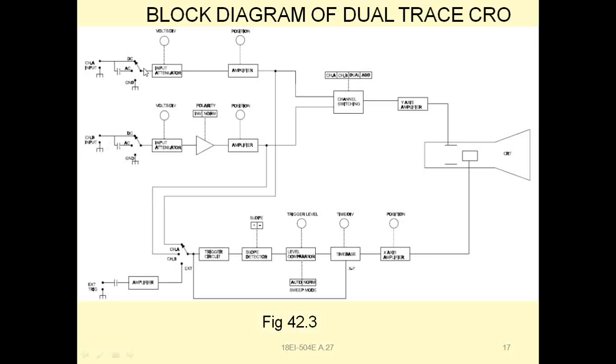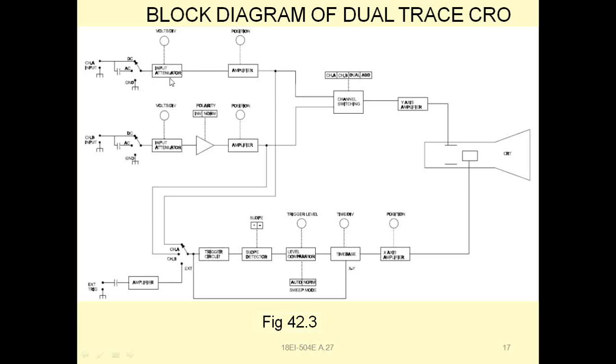And as we have seen in the front panel controls of CRO, a slider switch is meant for connecting the vertical amplifier either to ground or to DC signal or AC signal. So that provision is available here. Similarly for channel B also, a slider switch connecting either ground or AC input or DC input to the vertical amplifier circuit.